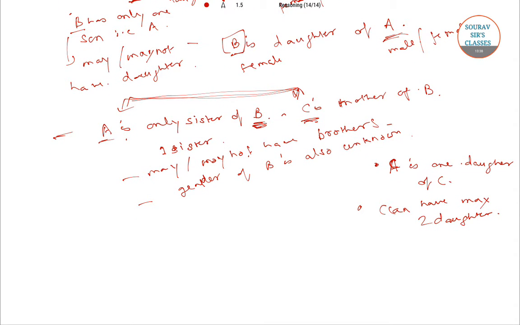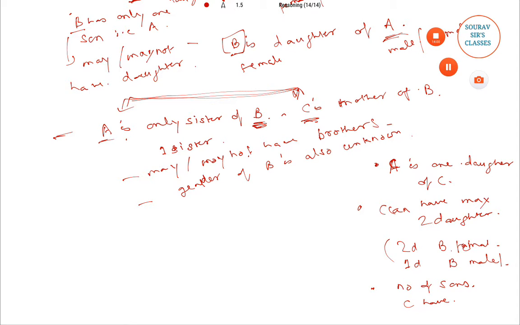So C will have two daughters when B is female, and one daughter if B is male, and nothing is said about the number of sons C have. So nothing can be said about the number of sons that C have.